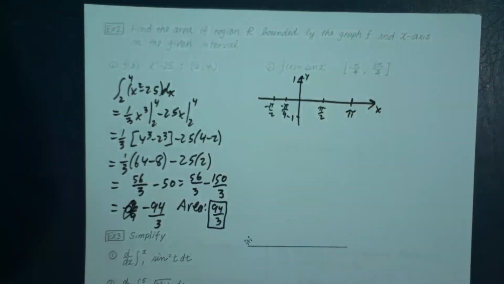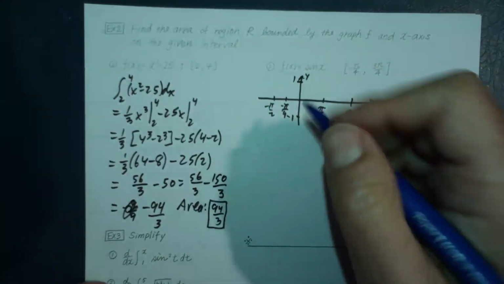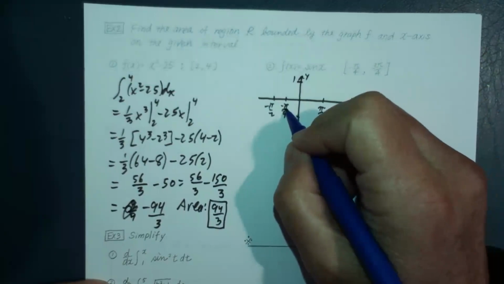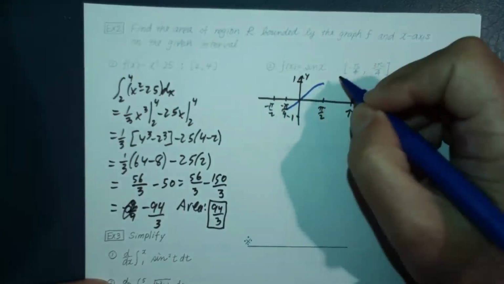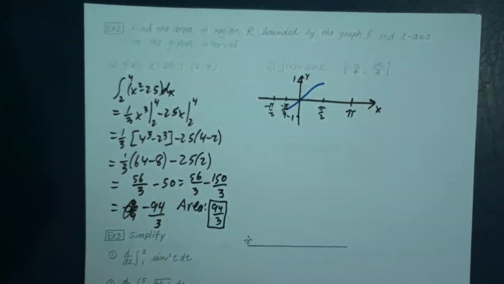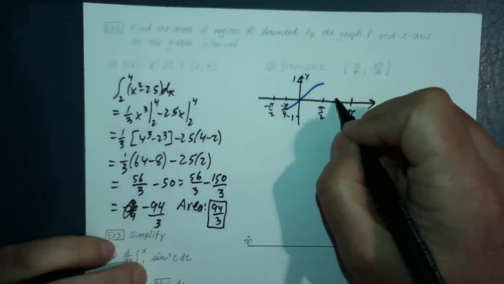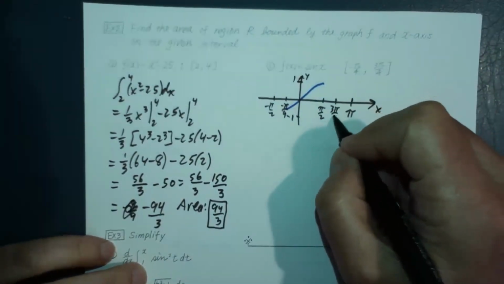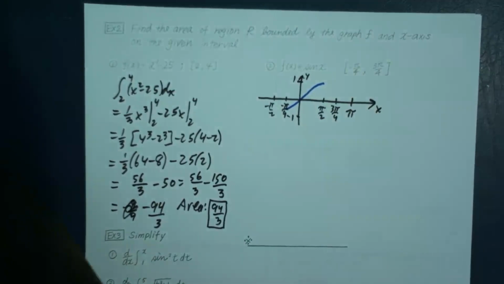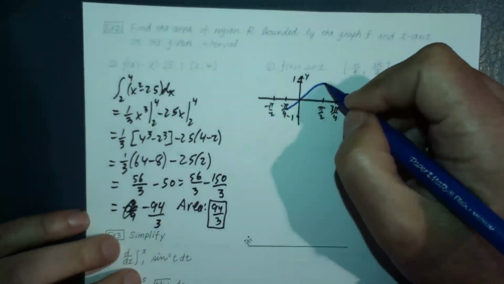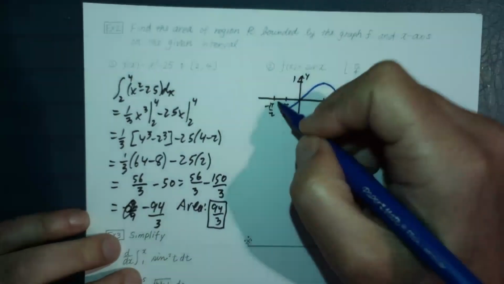And what's going to happen here, oh, I forgot to put in the 3 pi over 4. We're peaking here and then we're stopping here.